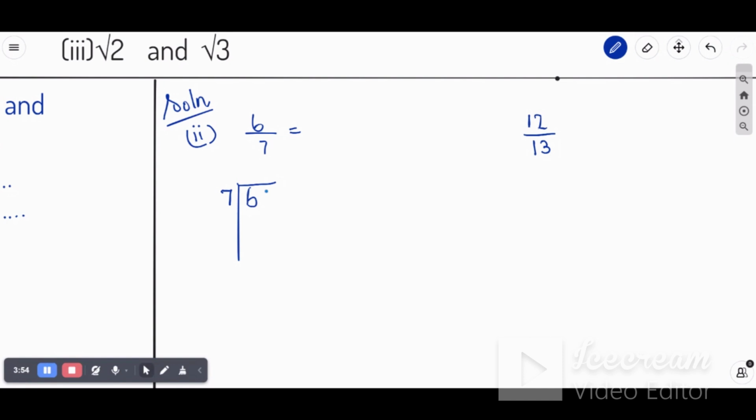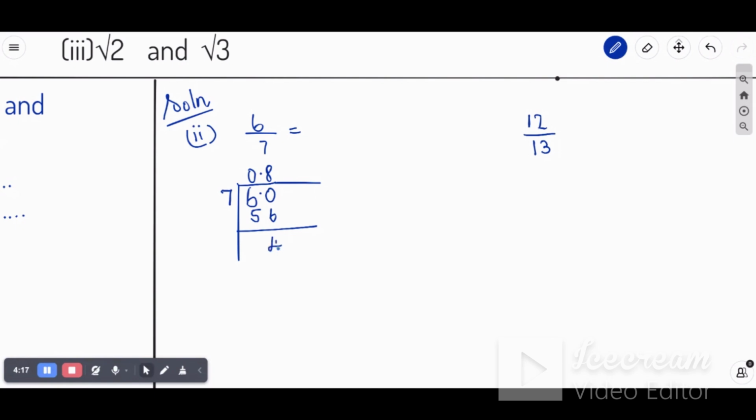In order to write in decimal form, what should we do? We have to divide. There is no 7 in 6, so I put a 0. Then if I put another 0 here, we get 60, and 7 8s are 56. Please do it carefully and slowly. It might look easy, but sometimes it might go wrong.